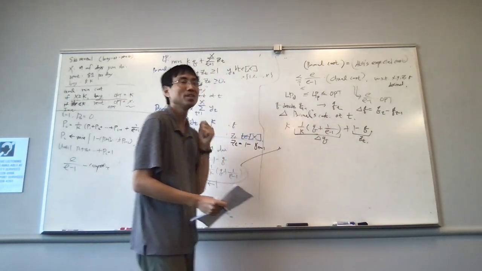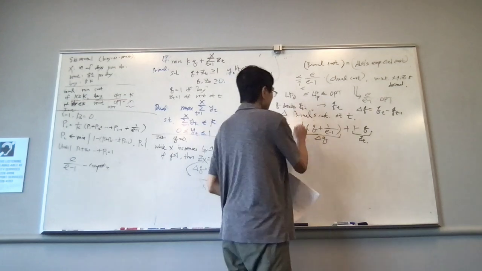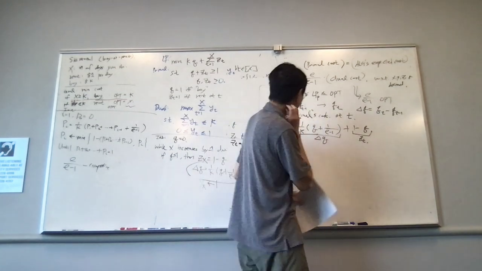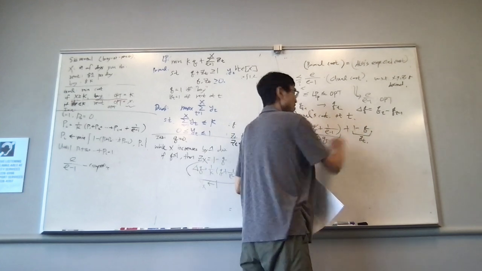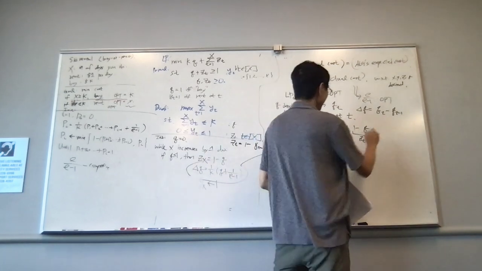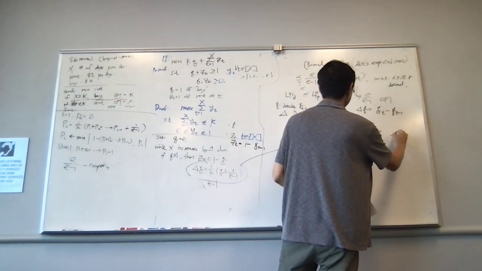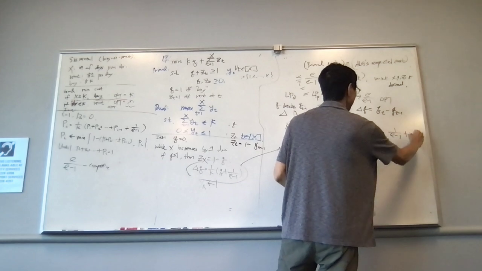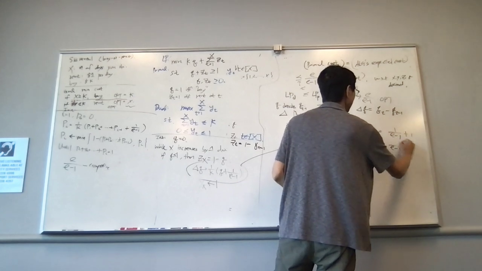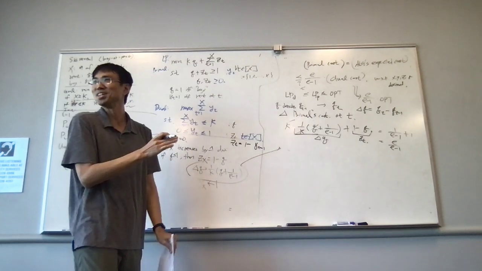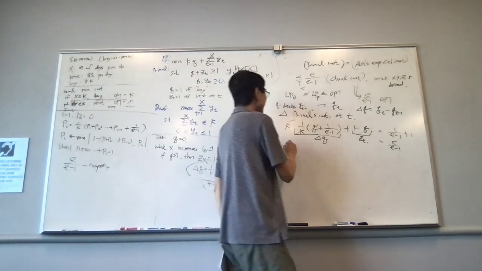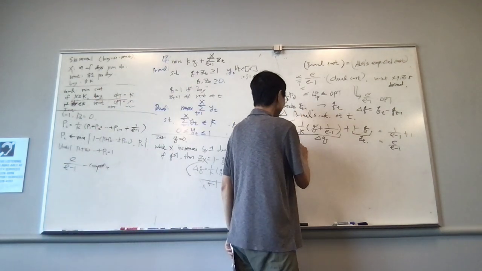Agree? Good. So now it cancels out, and Q will cancel out. Good. So this will be just e over e minus 1. Beautiful, right?